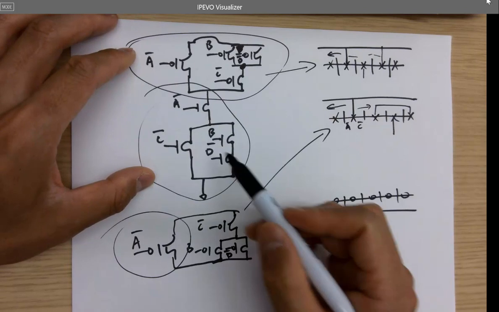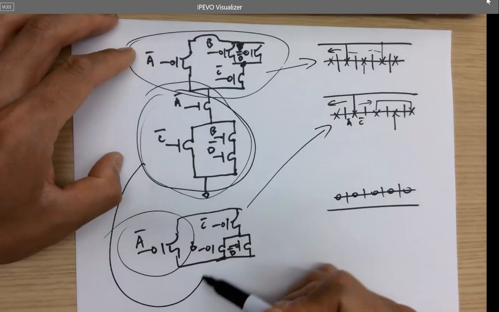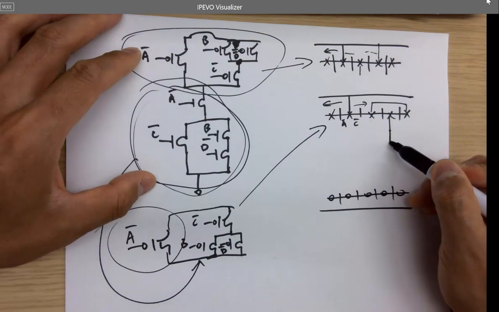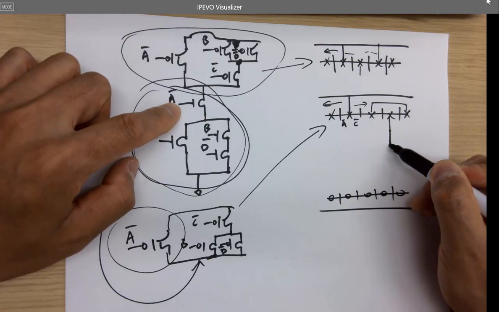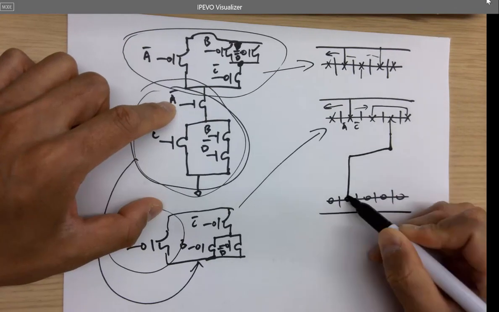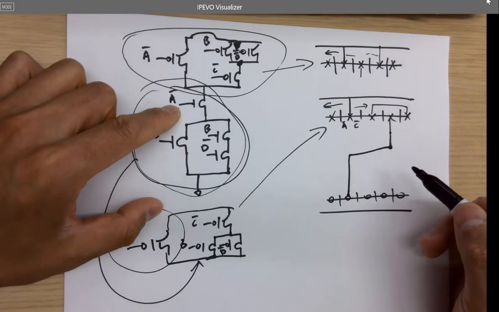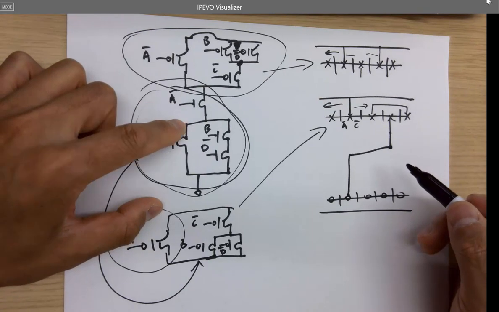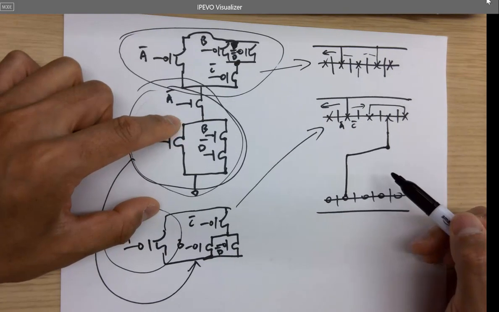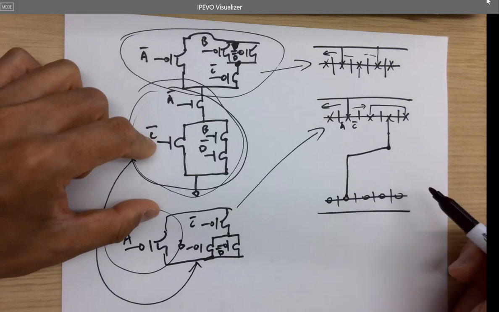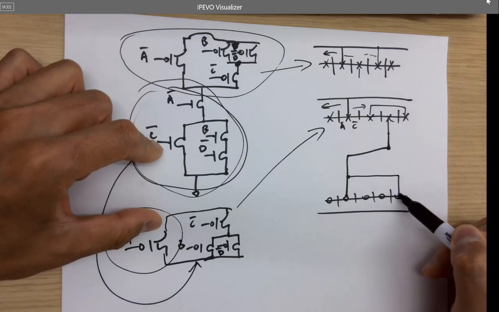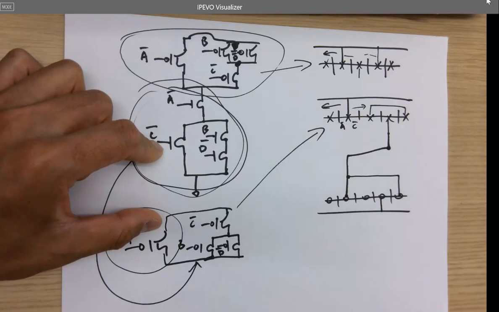So let's keep using the same circuit for the bottom part. That's the output from the top, so it should go through A naught first, and then two transistors in series and one transistor just by itself. Like this.